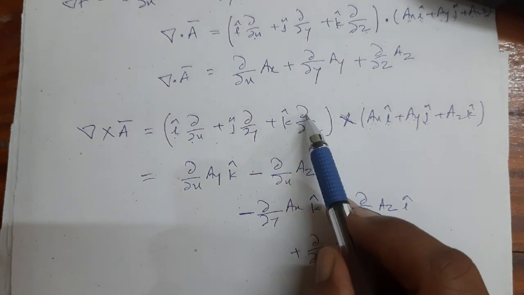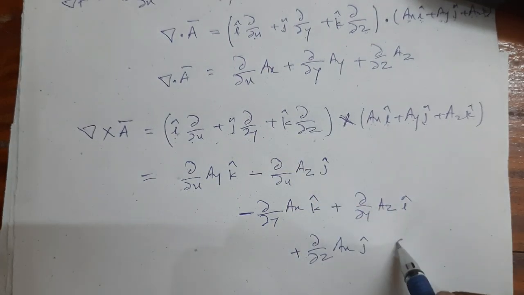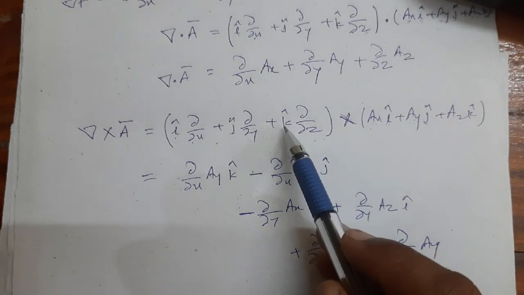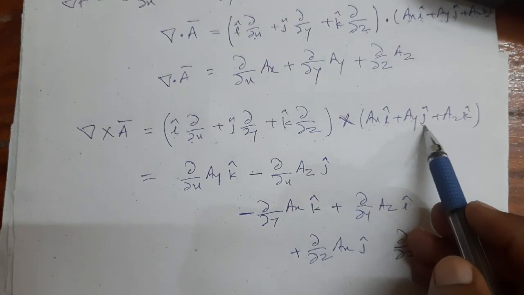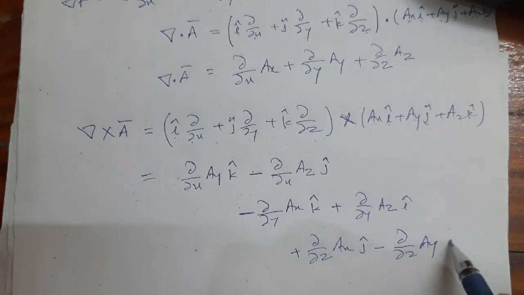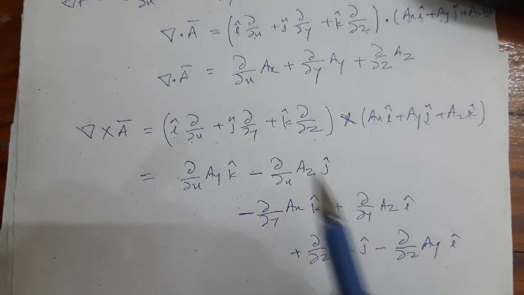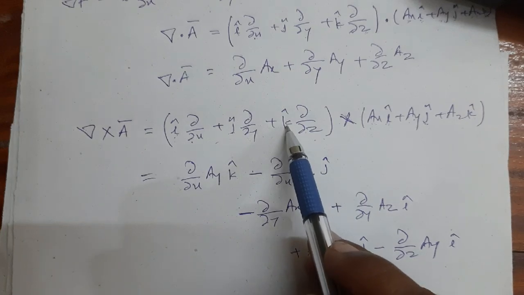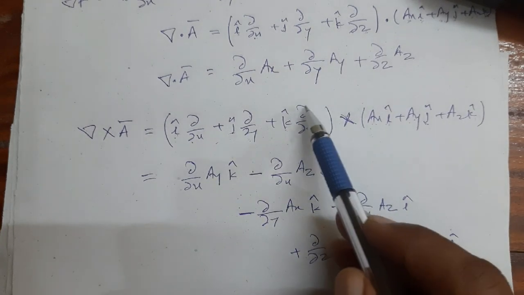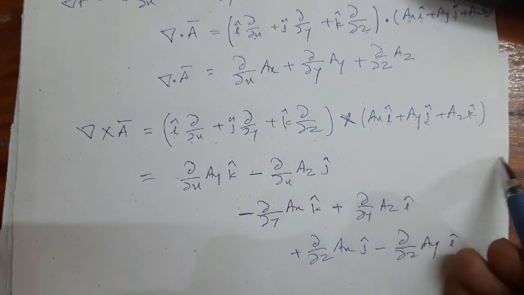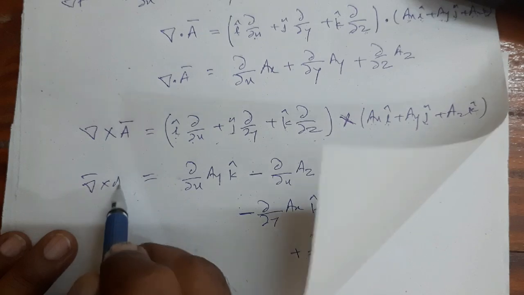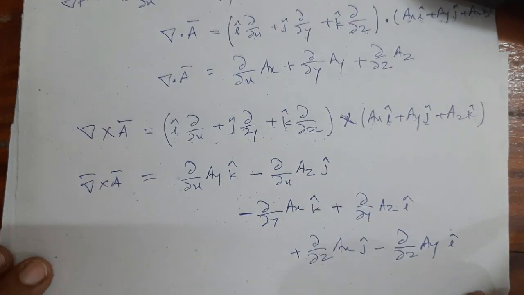If I operate this ∂/∂z on ay, I will have to write it is ∂/∂z of ay, and k cap cross j cap, it is in reverse way, therefore k cap cross j cap is equal to minus i cap, and the last term will be 0 because it is k cap cross k cap, and that is equal to 0, therefore no need to calculate ∂/∂z of az, and this will be the term, it is curl of a bar, correct?